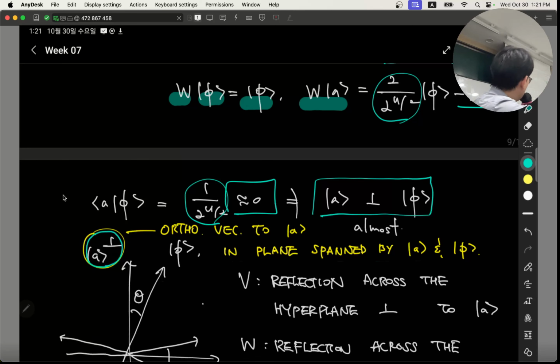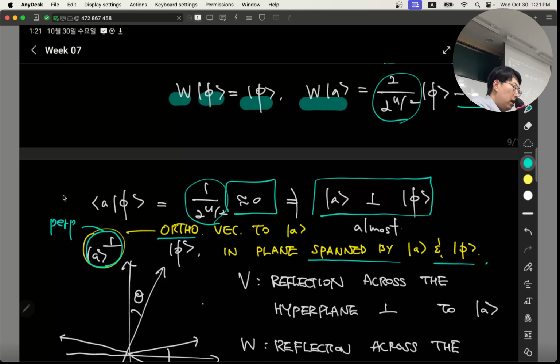The shape here is A perp, meaning that it's perpendicular, or orthogonal, to A, and it lies on the plane spanned by the two vectors A and phi. So it's the real perpendicular vector. Phi is almost perpendicular to A.